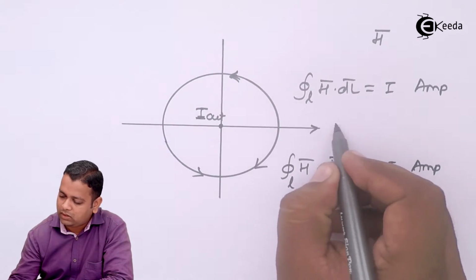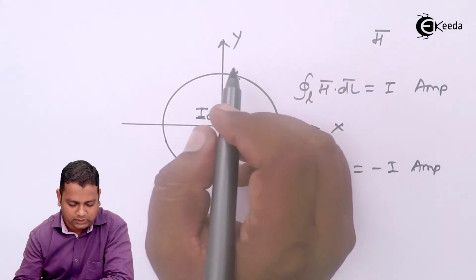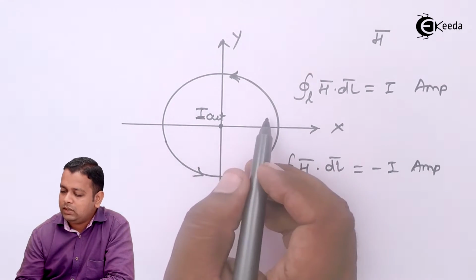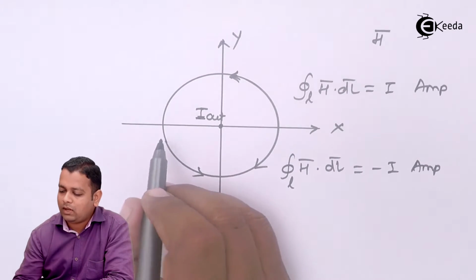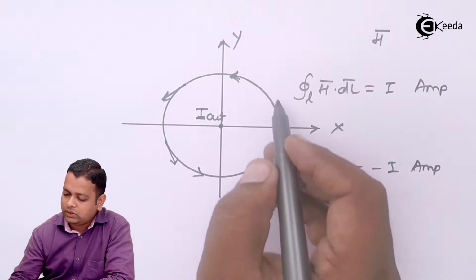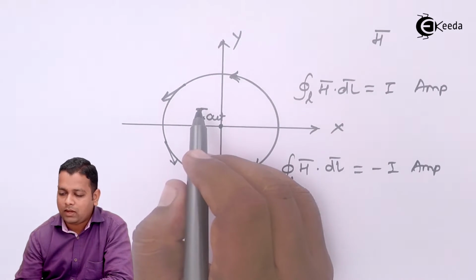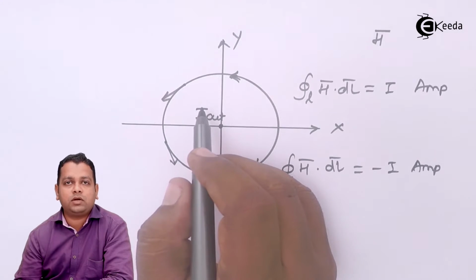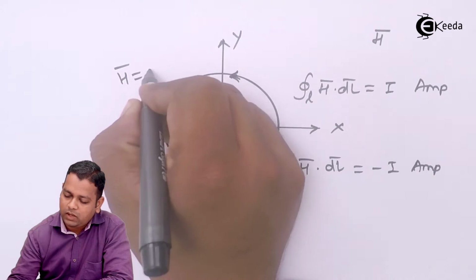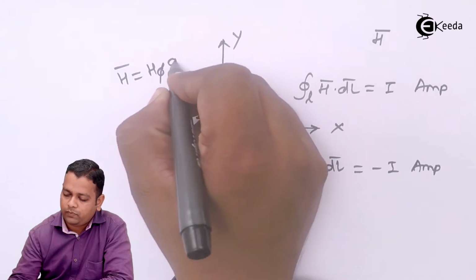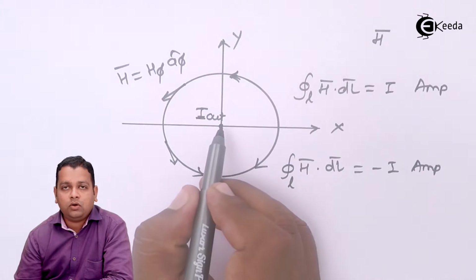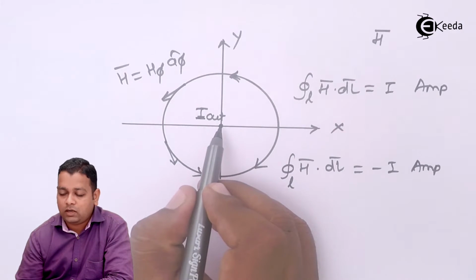The axes we can write as capital X, capital Y, and as the magnetic field intensity is following this particular path, at any point it is tangentially directed. So this is the direction of the angle phi if you take the cylindrical coordinate system into consideration. Hence, in general, we can write H bar is equal to H phi a phi cap, because outwards along the direction of I there is no magnetic flux.